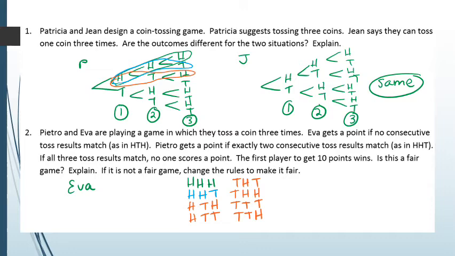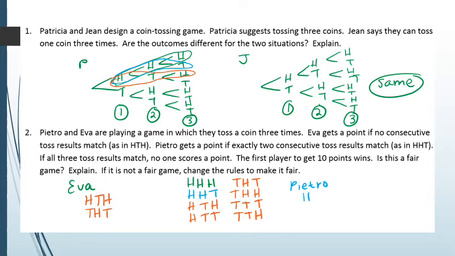And so Ava gets a point if there's not consecutive toss results matching. So I can't have 2 of the same letter in a row. So for example, heads, tails, heads, those are not consecutive, so she'd get a point there. She'd also get a point for tails, heads, tails. Then we have our other person, Pietro, and Pietro is going to get a point if there are consecutive results.